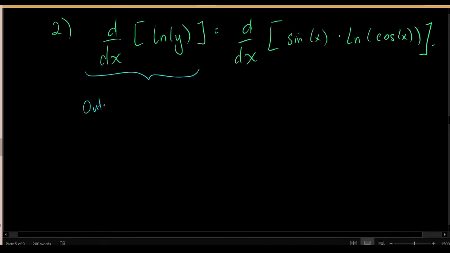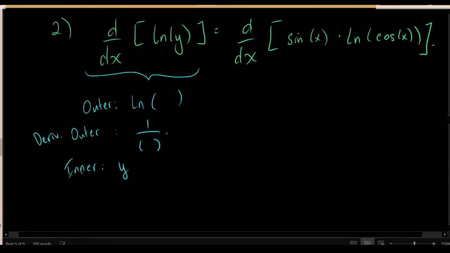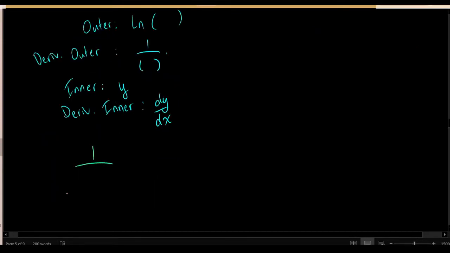We have our outer function, which is given by the natural log of blank, and the derivative of the outer function would then be 1 over blank. Our inner function is y, and the derivative of the inner function is what we call dy dx. So we get 1 over y, times dy dx.